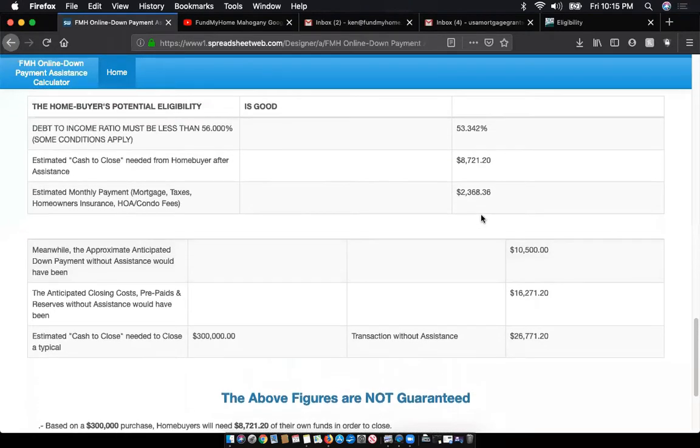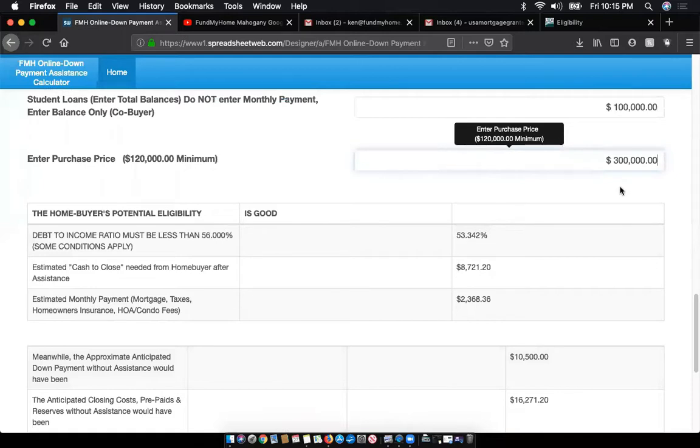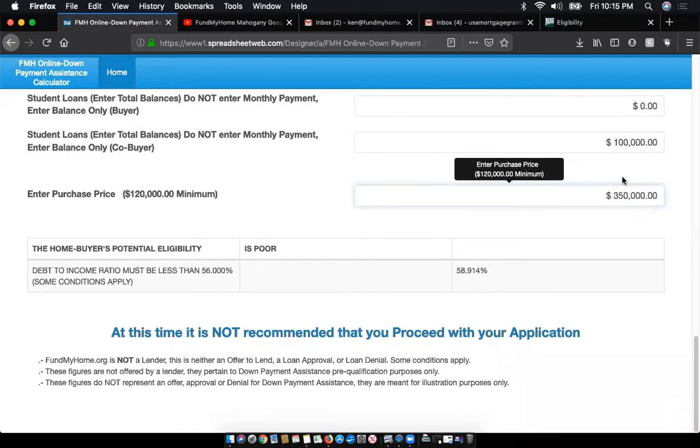Okay. So go back to the purchase price and put 350. That's what you can control, the purchase price. So put 350. And now the debt to income ratio says, at this time, it's not recommended that you proceed with your application. The home buyer's potential eligibility is poor.